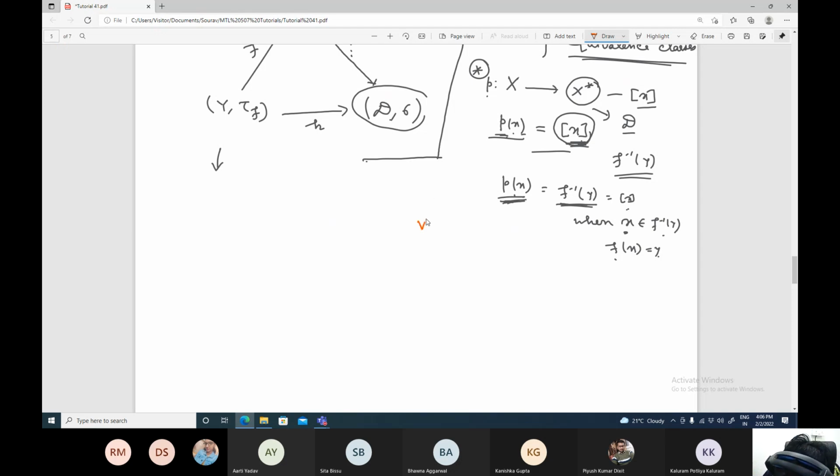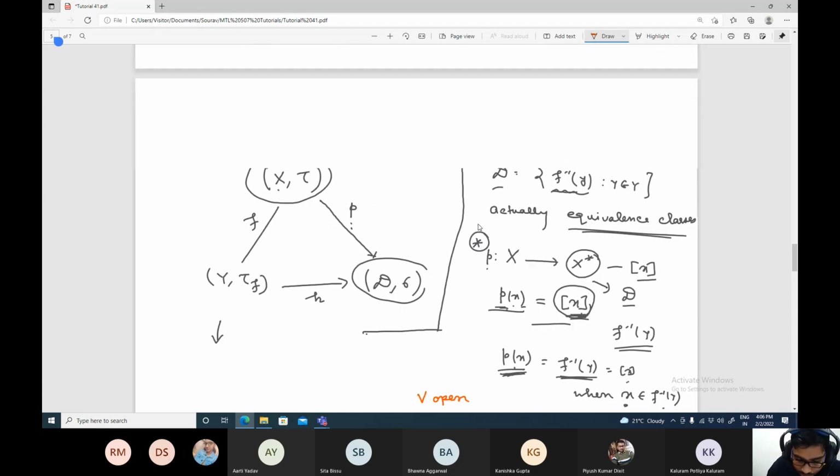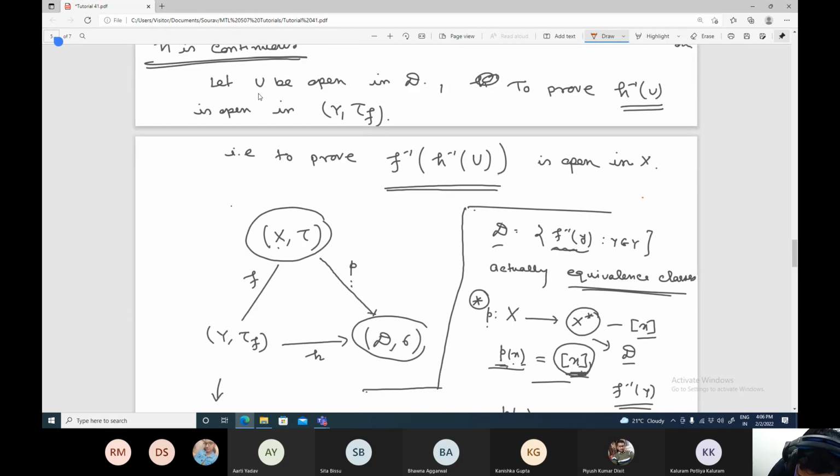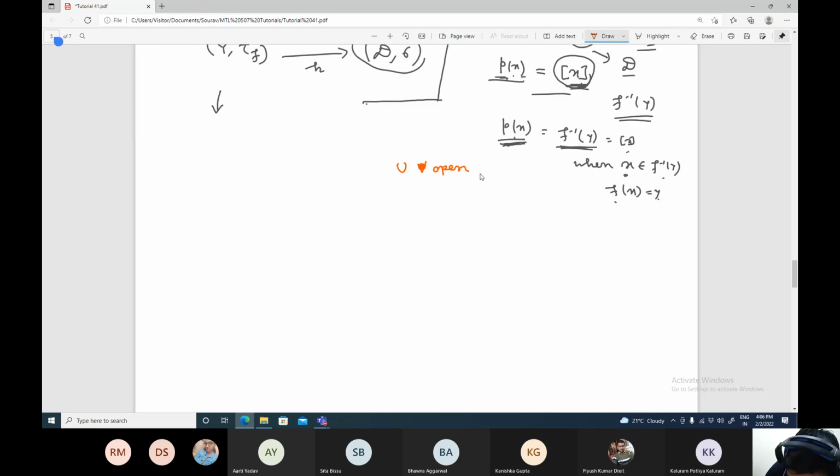Now a set V, or what I have taken is U open in D. This U open in D, so what does it imply? The union of F inverse of Y such that this F inverse of Y belongs to U, right?